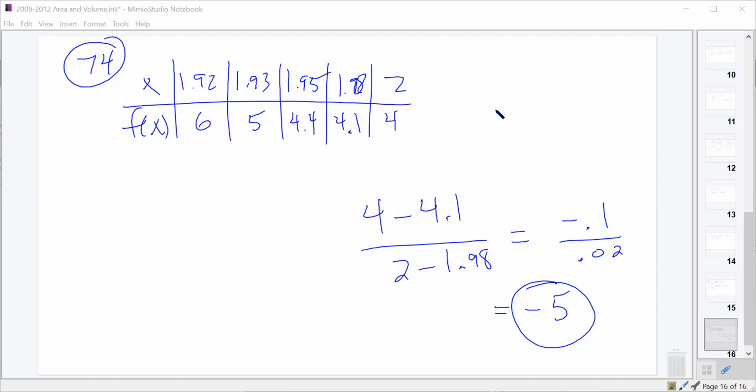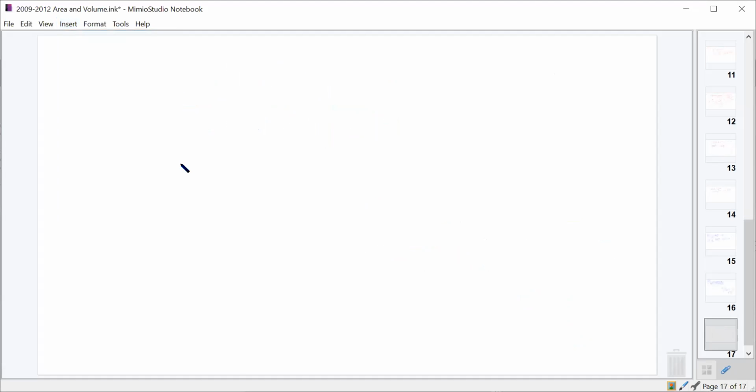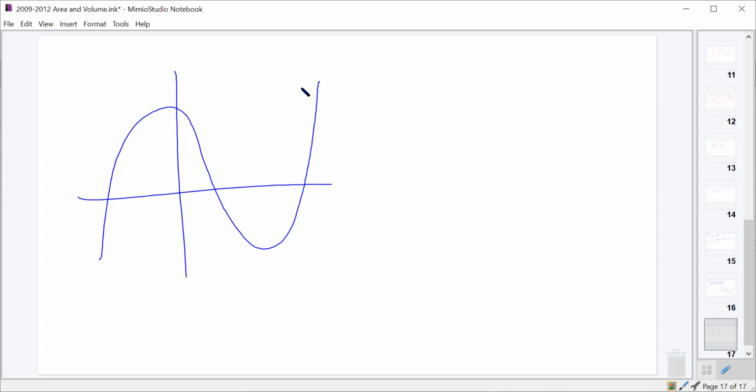Okay, so number 90, we are given a graph of this thing here. This crosses through at 1. The rest of these values aren't going to matter too much.